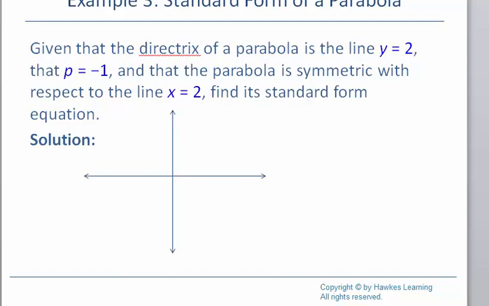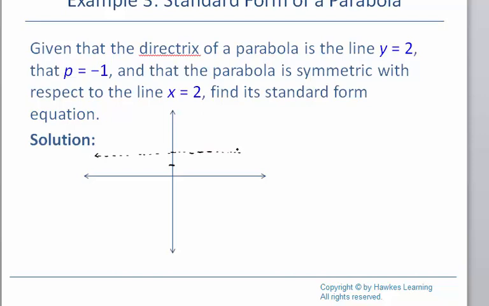So we're going to begin by plotting the information that we're given. We're told that the directrix is the line y is equal to 2. Remember that a line that starts with the variable y is a horizontal line. So we're going to come up 2 tick marks on the x-axis, and we're going to draw that directrix. So this will be the line y is equal to 2.